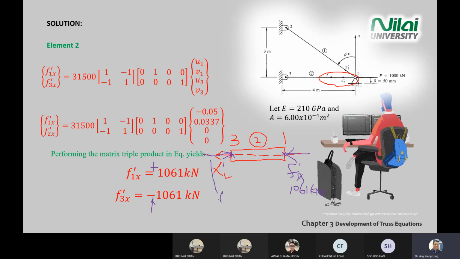So this one is your F prime 3x, the 1061 kilonewton. So you understand? Yes. Okay, good. Any one of you still confused with the purple color arrow? I can explain one more time.